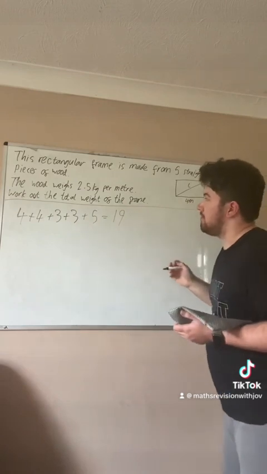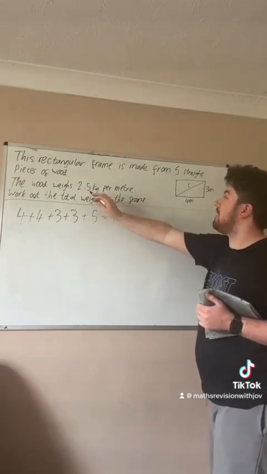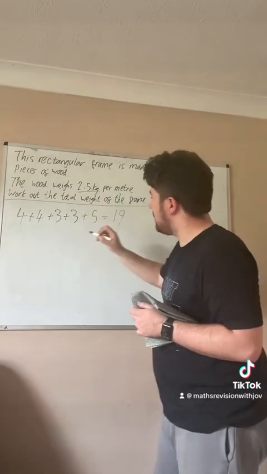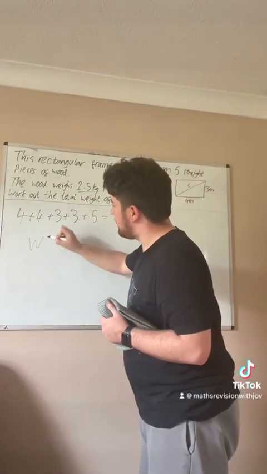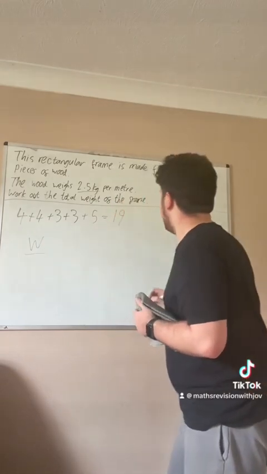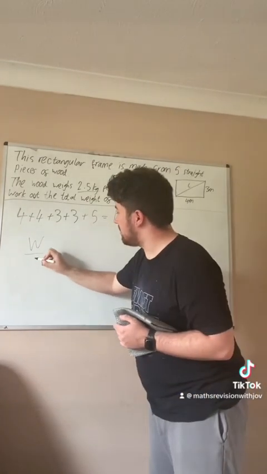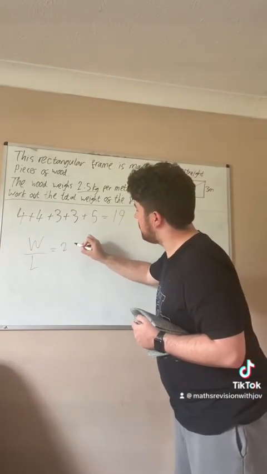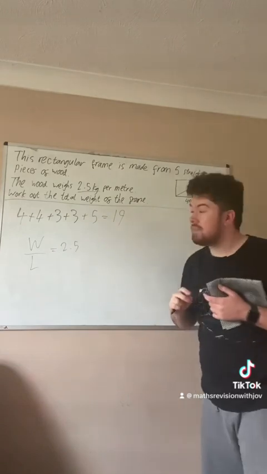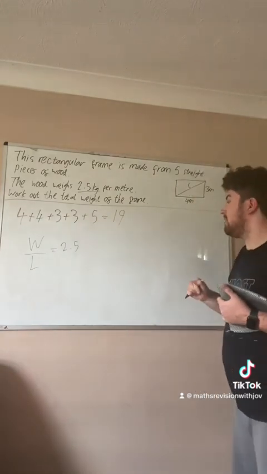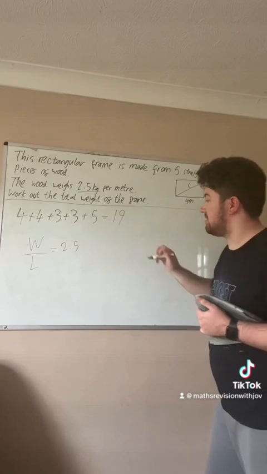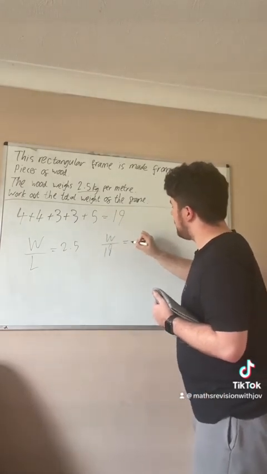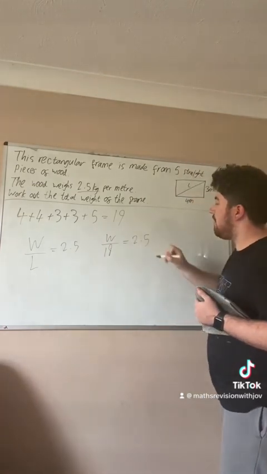We also know that the wood weighs 2.5 kilograms per metre. So that means the total weight divided by the total length, which I'll call capital L, is equal to 2.5. We know that the length is 19, so W divided by 19 equals 2.5.